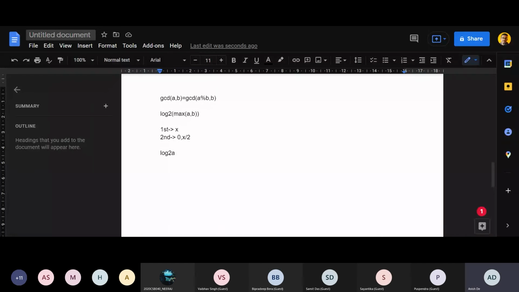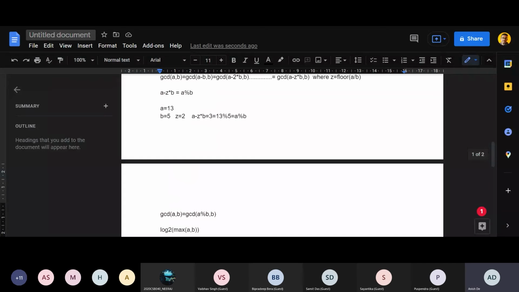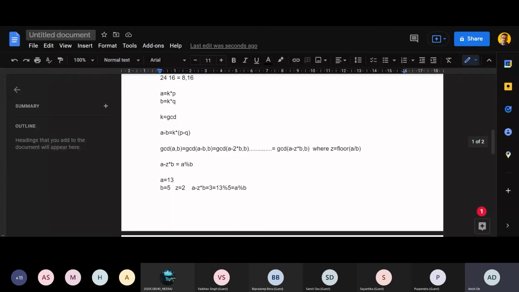So we have reduced the time complexity from root a to log a. This is currently the best approach for finding the GCD of a number. There are other uses of this algorithm as well, but I think we don't have enough time to discuss all that here.